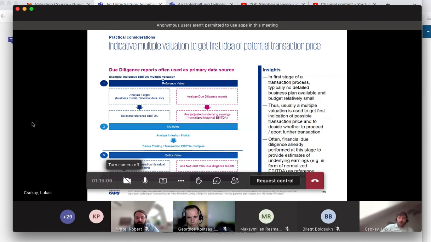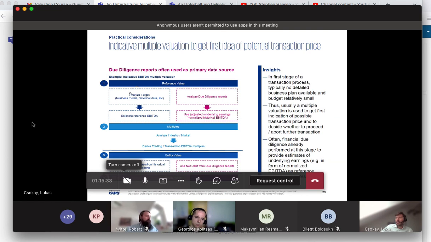As Robert mentioned before, sometimes you have to perform a due diligence for deriving a sustainable EBITDA, for example. We have here a little example of how to use a due diligence report as a first starting point or primary source for your multiple valuation. But I think you can go through that on your own.